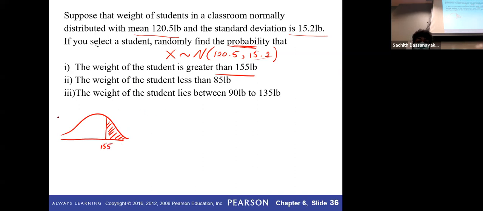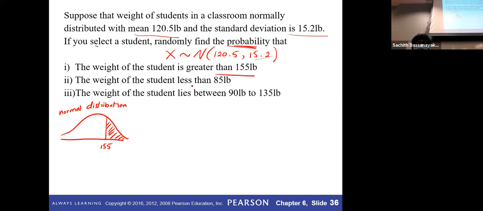So this is a normal distribution. It has a mean and it has a standard deviation.